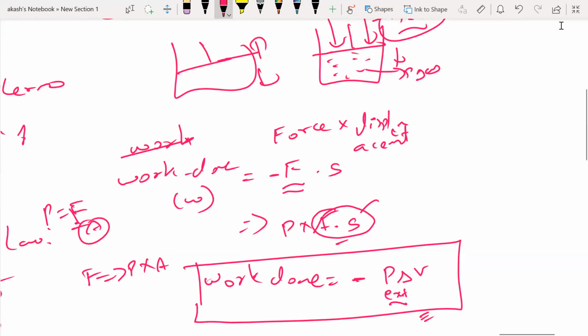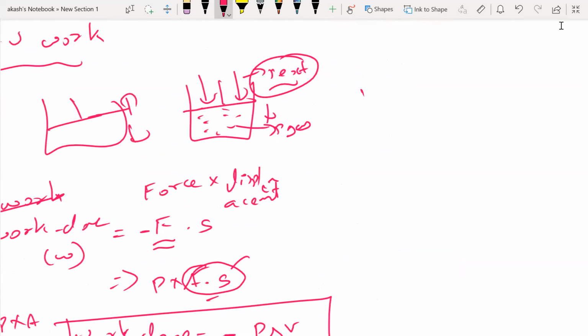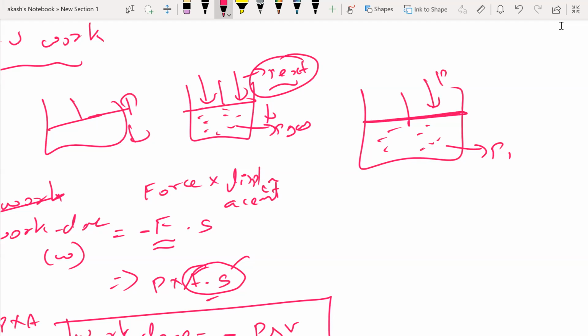For example, say I have a system like this, and say the pressure of the gas is P1. Basically you see that the piston is not moving at all because the external pressure is equal to the pressure of the gas. Only then the piston will not move at all. It will stay in the same position like this.